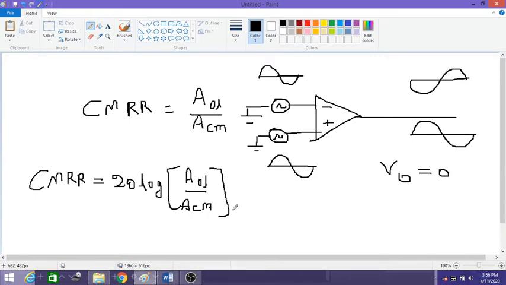Ideally, for open loop voltage gain, the CMRR value will be 1 lakh to 2 lakh. It means that the desired input signal is amplified about 1000 times more than the unwanted signal or noise. Let us take a small example here.